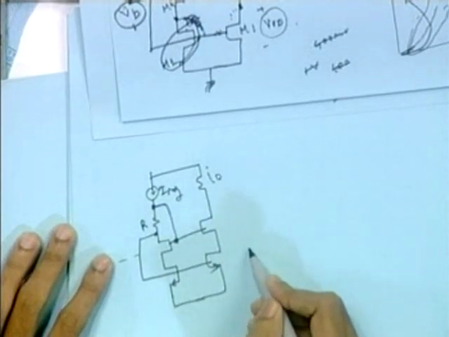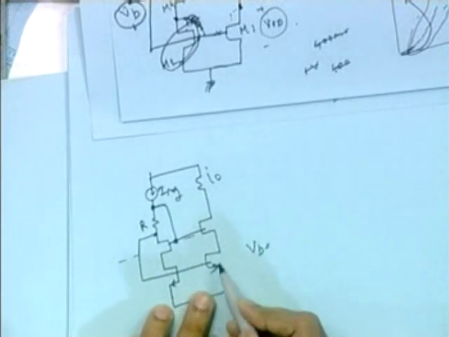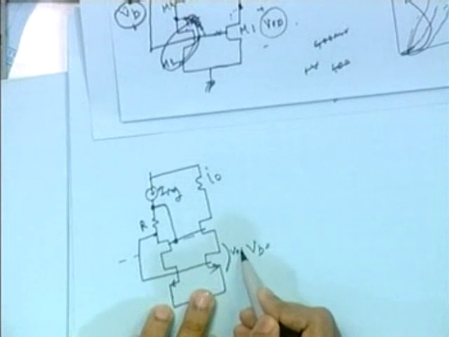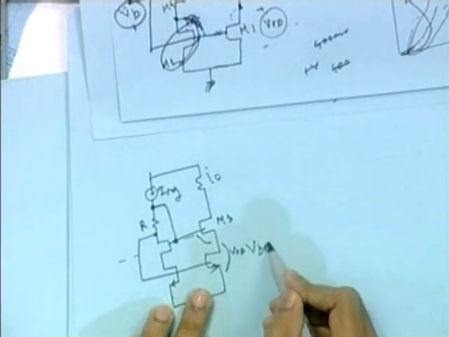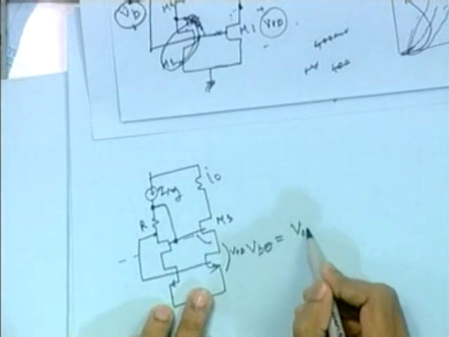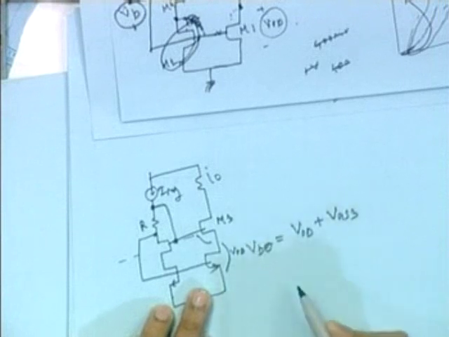Actually, the minimum VV0 we require is VOD plus VGS3.